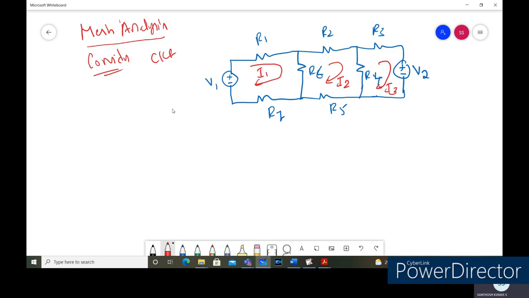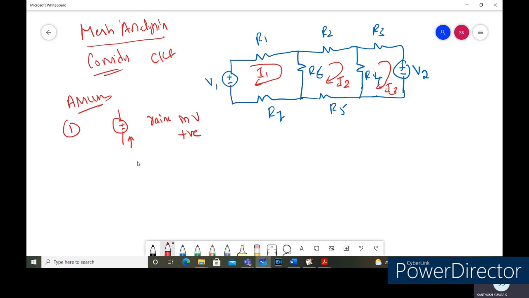Before performing the actual mesh analysis, we are going to make certain assumptions. The first assumption is that a current entering the negative and leaving the positive terminal of a voltage source is considered a rise in voltage, with positive polarity.